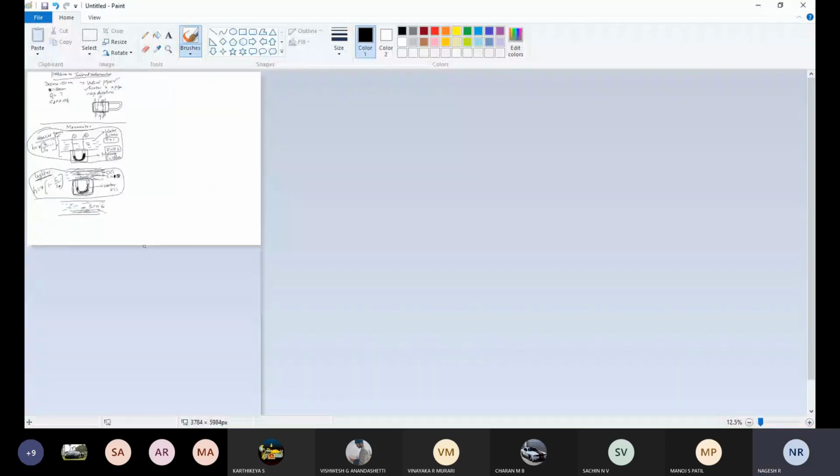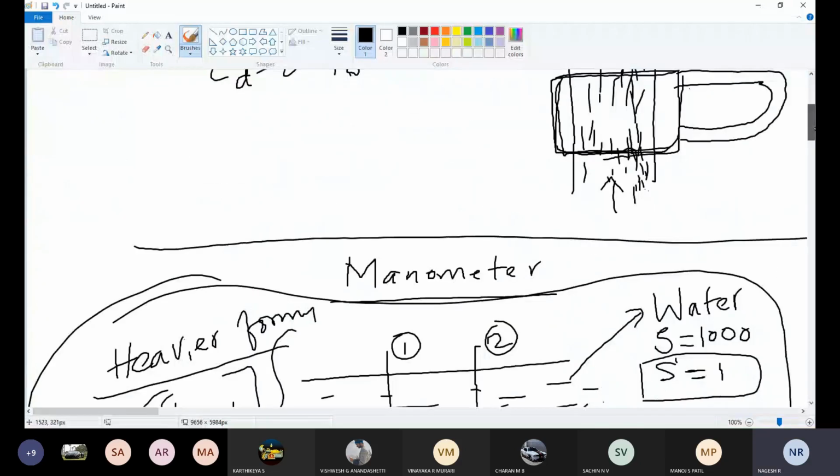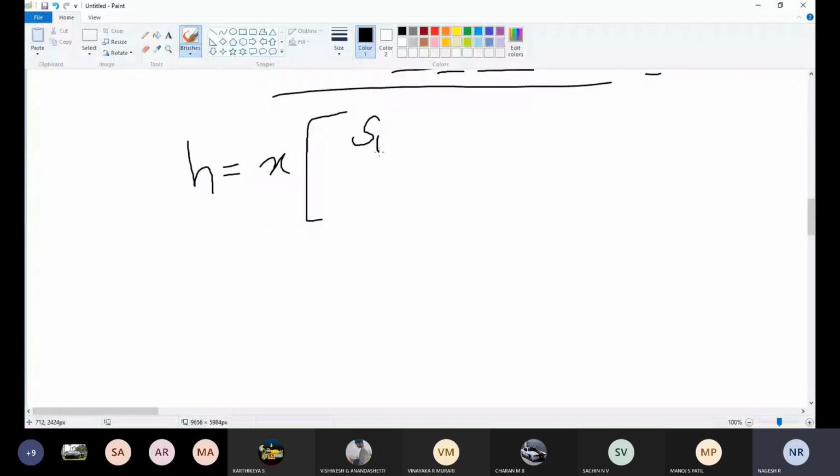Now substitute it and tell me the answer for H. H is equal to X into SH by S naught minus 1. The X value is given, 0.2, which is 20 in centimeter.